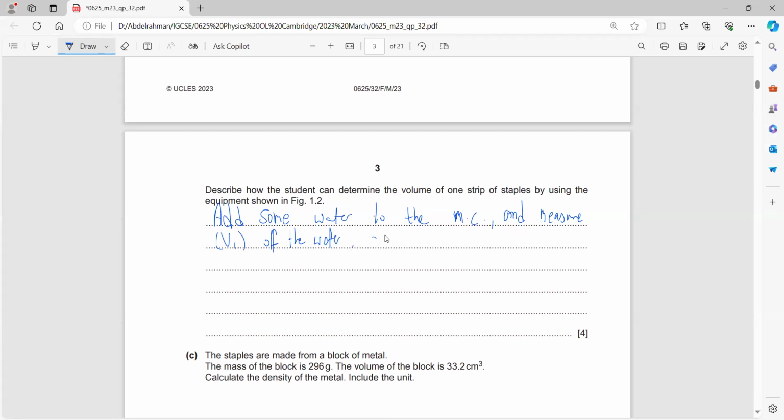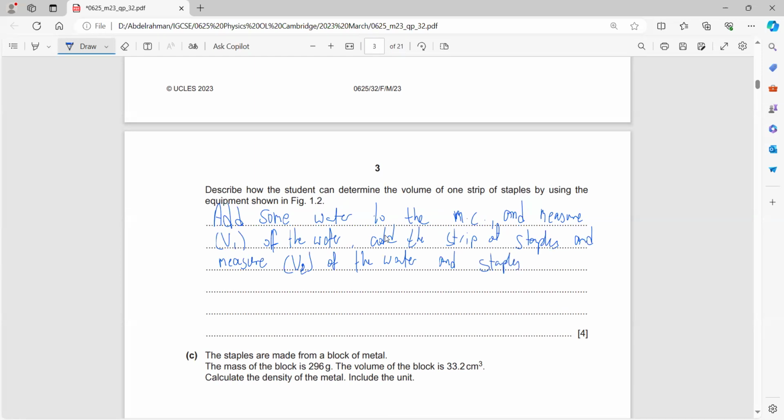Then add the strip of staples and measure volume 2. Measure V2 of the water and staples.